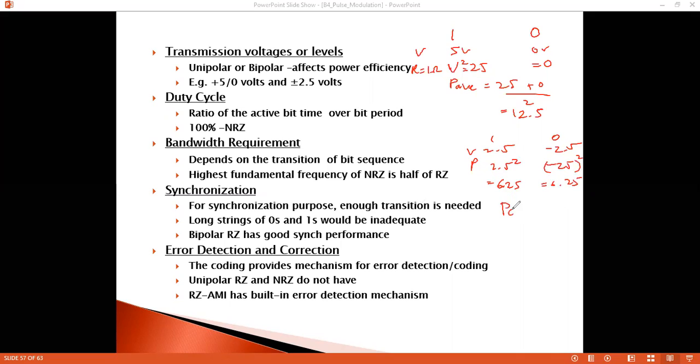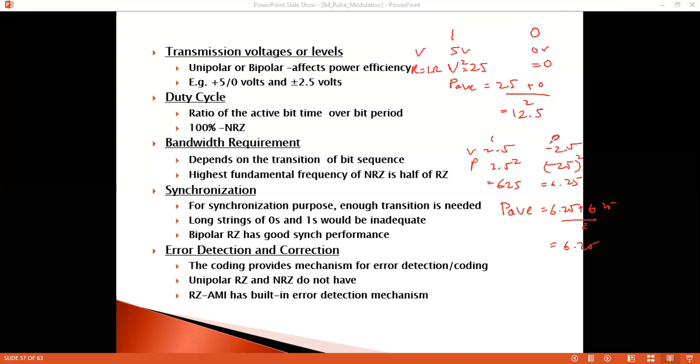So the P average to transmit these two bits is 6.25 plus 6.25 divided by 2, which is 6.25. So you can see the difference. This one uses more power.